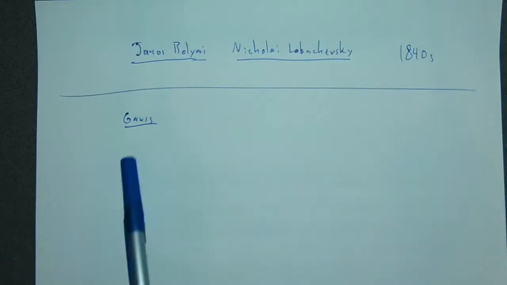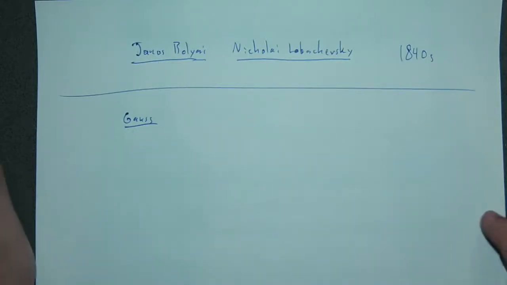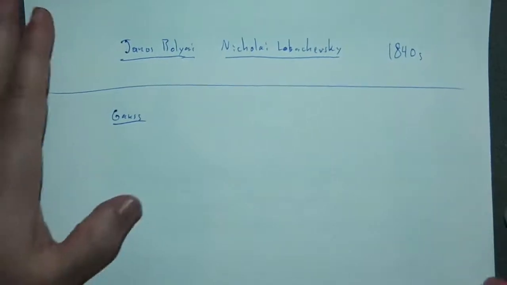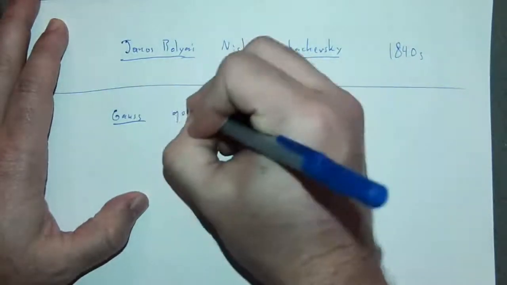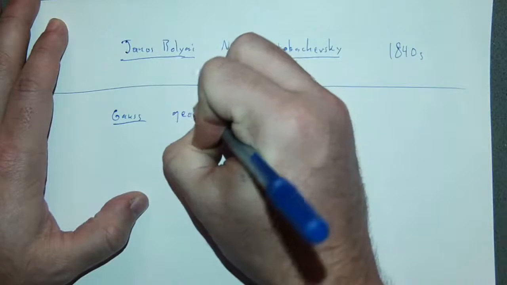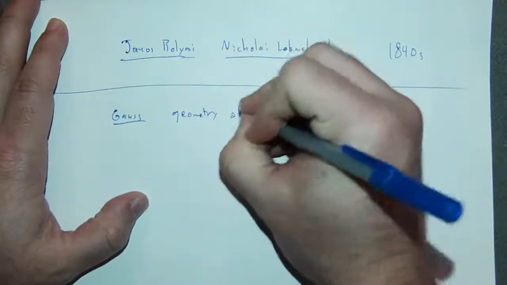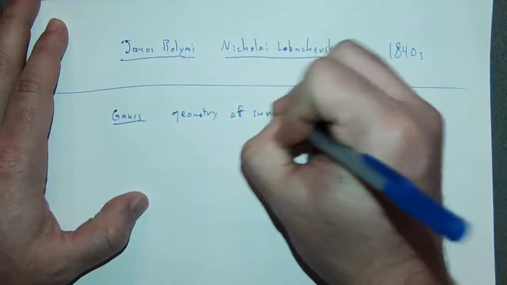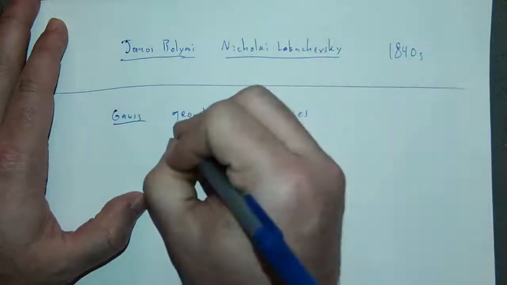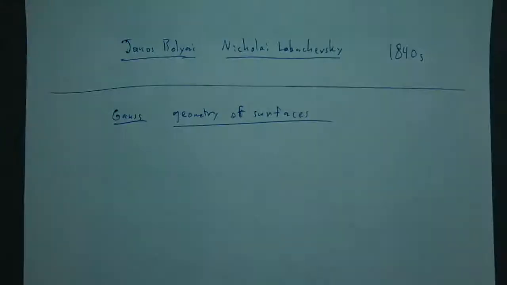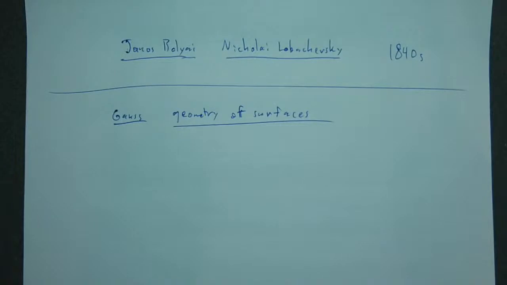But Gauss had been working on the notion of geometry of surfaces in space. And when you work on the geometry of surfaces, you come to realize that there's a lot to be said about non-Euclidean things on surfaces.